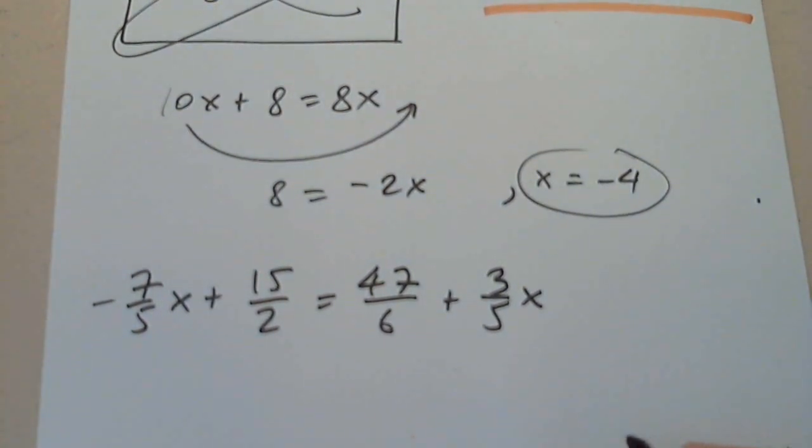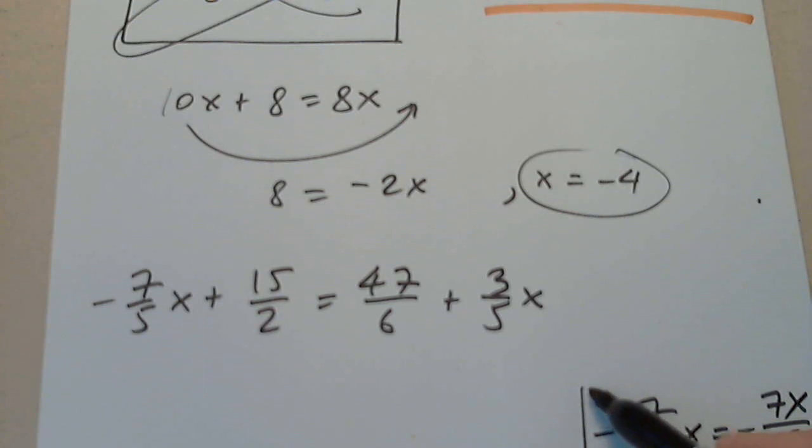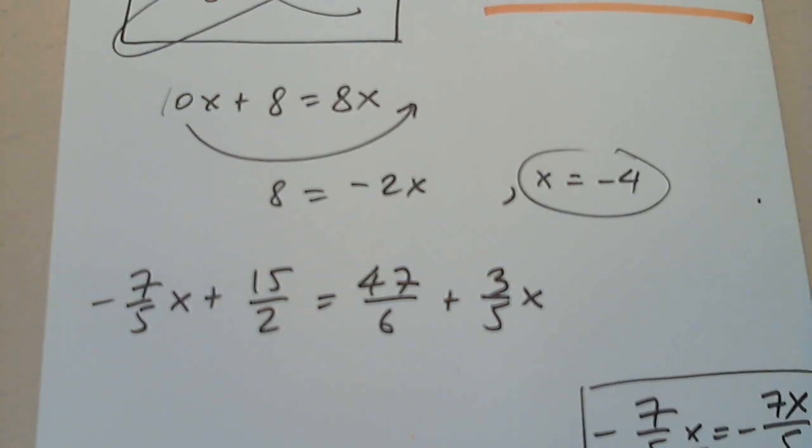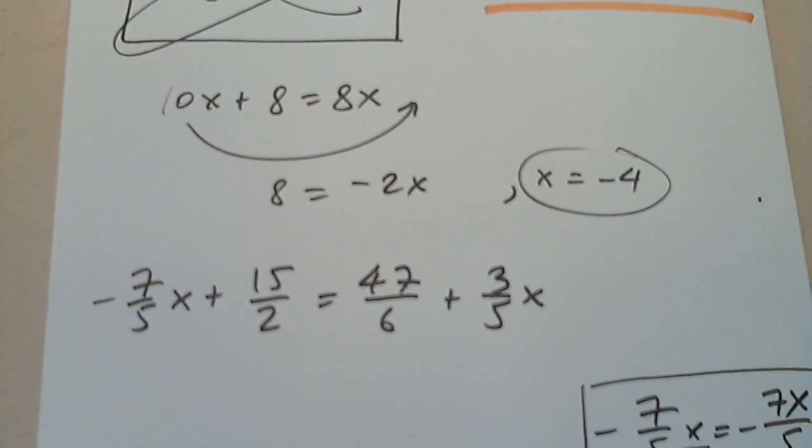Negative 7/5x is the same as negative 7x/5, because x is x/1, and when you multiply the fractions, 7 times x, 5 times 1, that's what you get. It's not important now, I just wanted to re-emphasize that. Okay, we want to eliminate fractions, so let's think in terms of the least common denominator, which is, think for a moment. What's 30? Yeah.